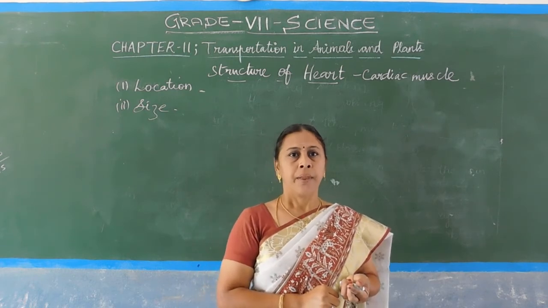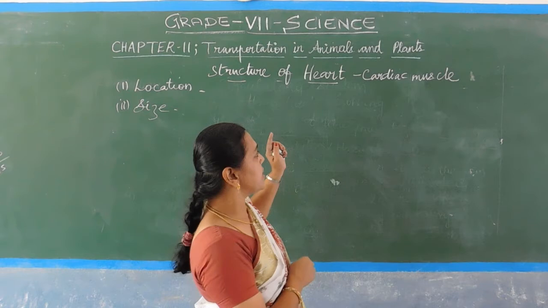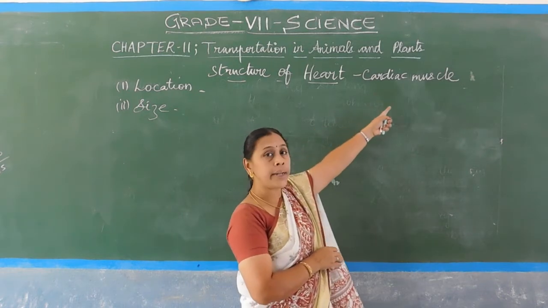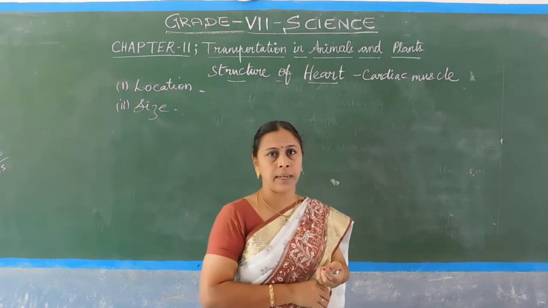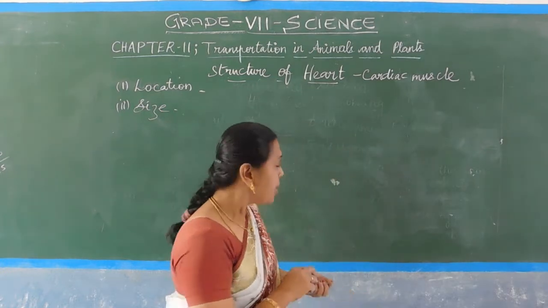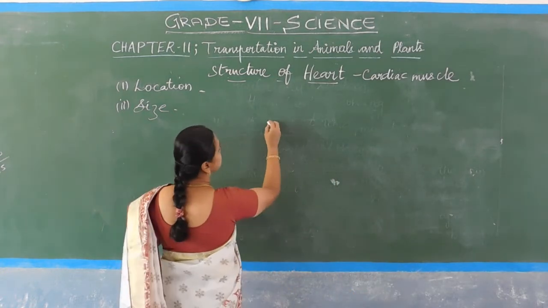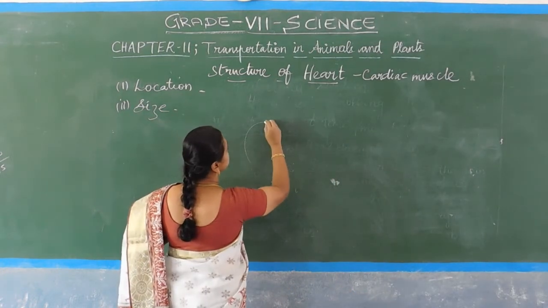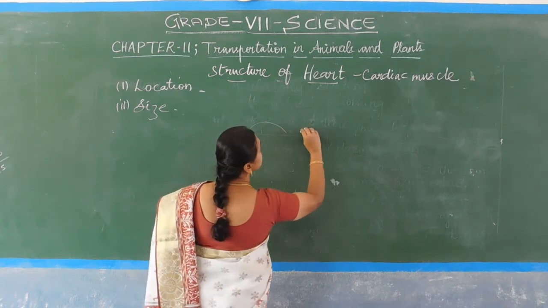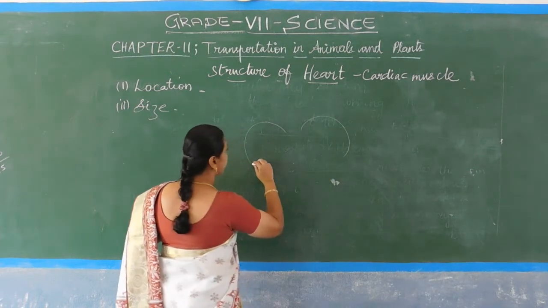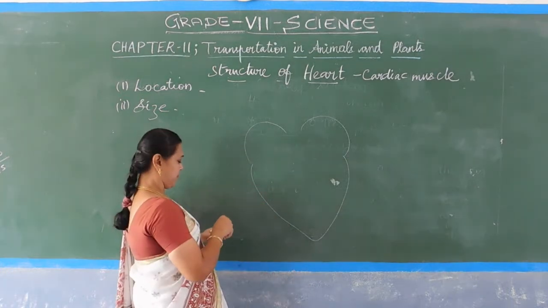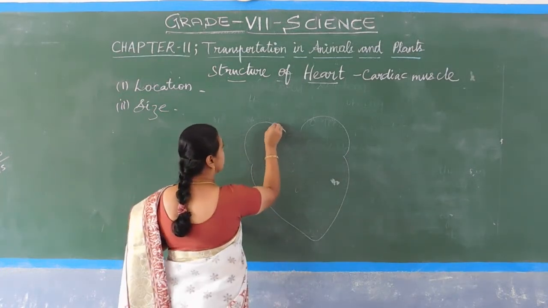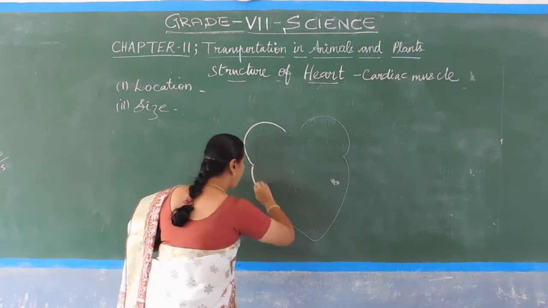Okay. And already I said it is made of a special type of muscle called cardiac muscle. Now, the heart has 4 chambers. How many chambers does it have? It has 4 chambers.